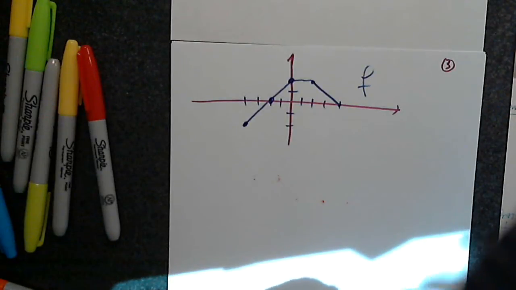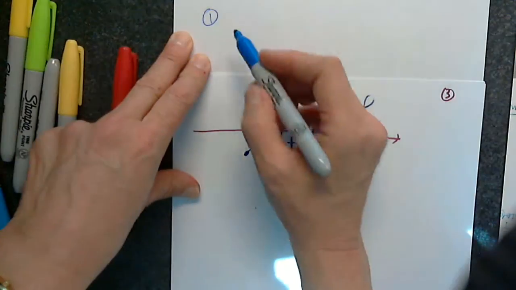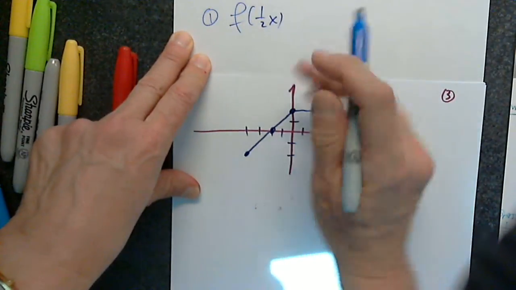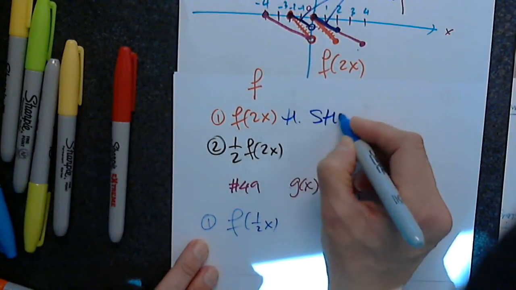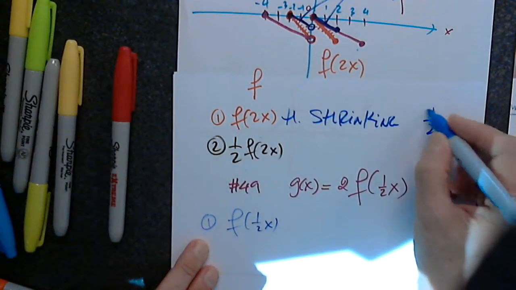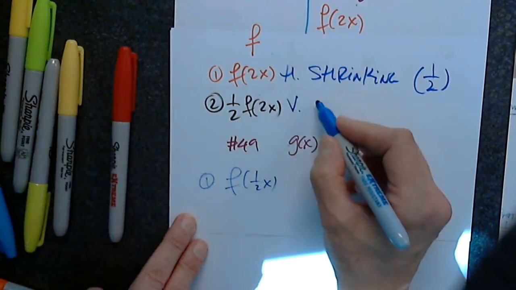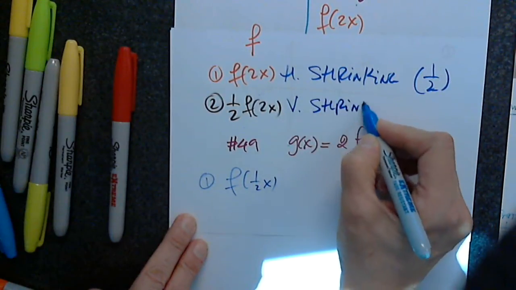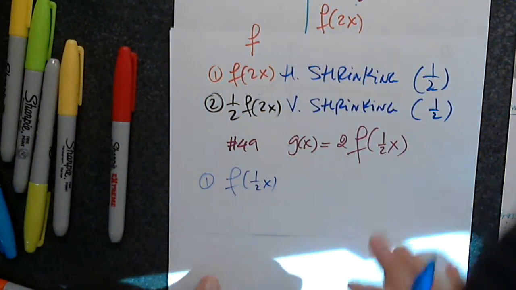Okay, what is the first transformation? Yes, so this is f of 1/2 x. It's a horizontal shrinking of the graph by a factor of 1/2. And this is a vertical shrinking, also by a factor of 1/2. Good.